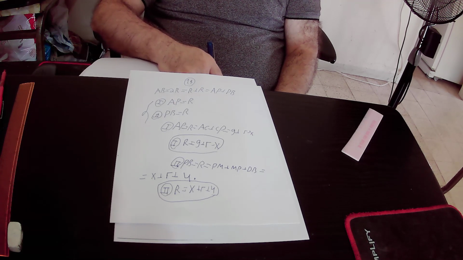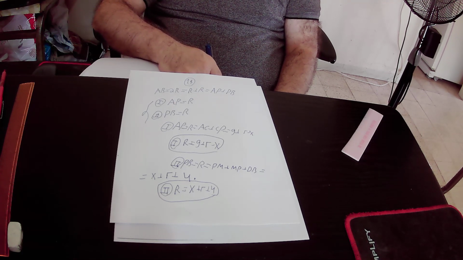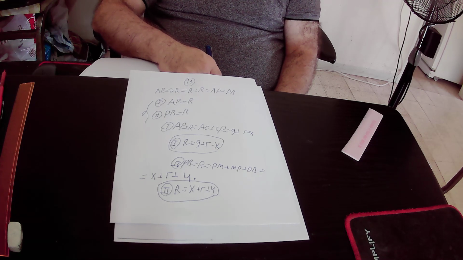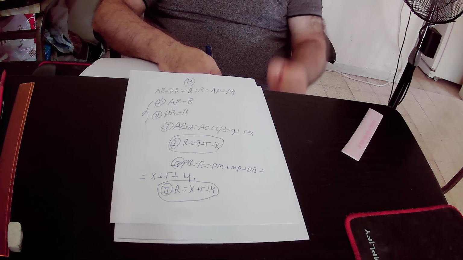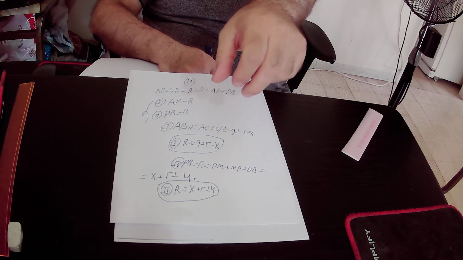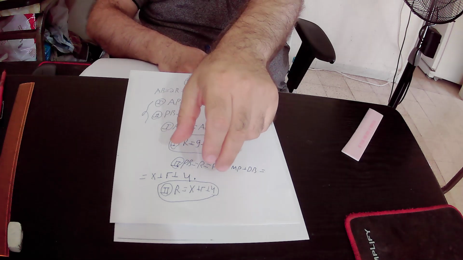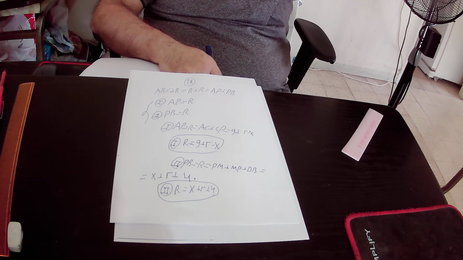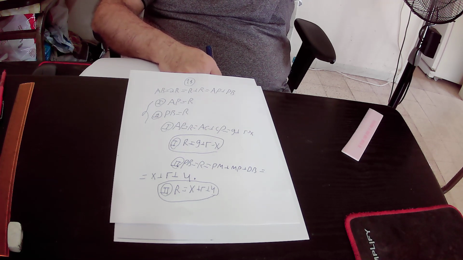So we will create equation number 3, which states that the radius of the big circle according to equation number 1 equals the radius of the big circle according to equation number 2, because we are talking of the same radius.